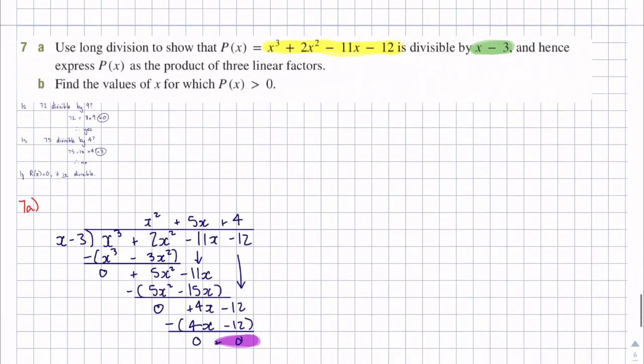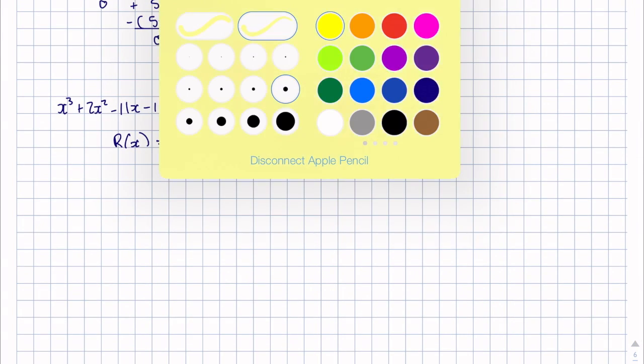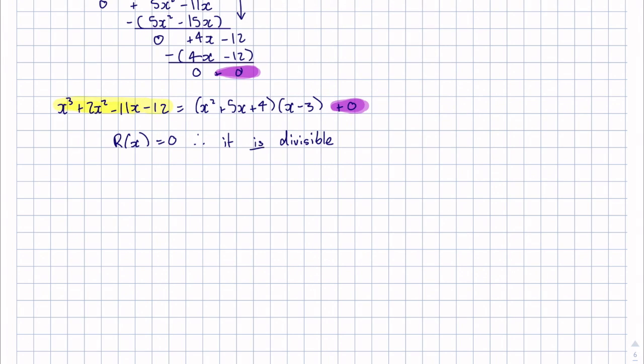Okay, 7b, and hence express it as the product of 3 linear factors. Now, this was our polynomial we started with, yeah? This is what we divided by, and this is what we realized the quotient would be. But if I take that quotient and I factorize this again, what multiplies to give 4 and adds to give 5? x plus 4, x plus 1.